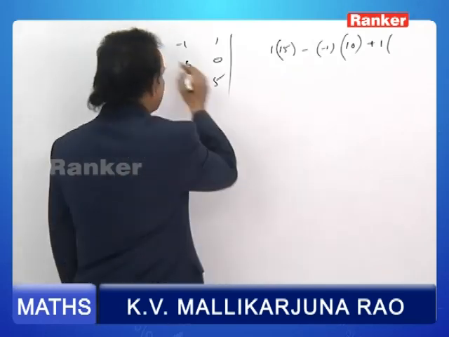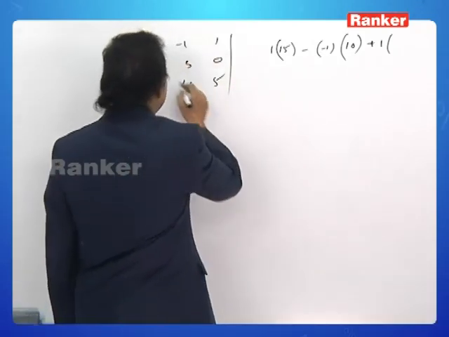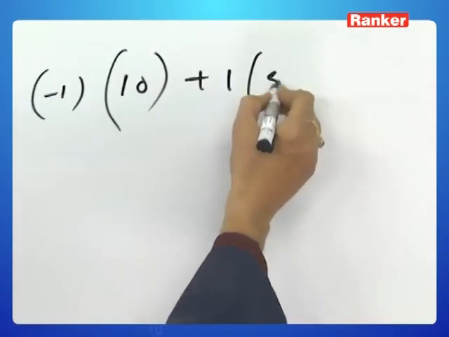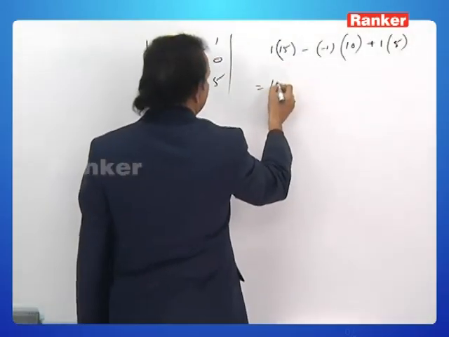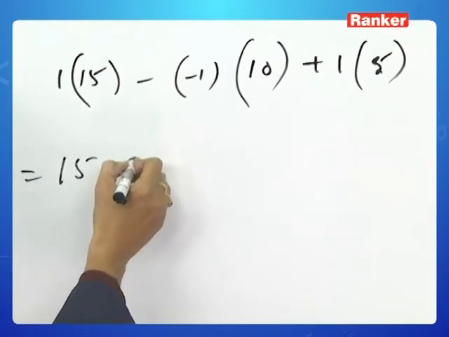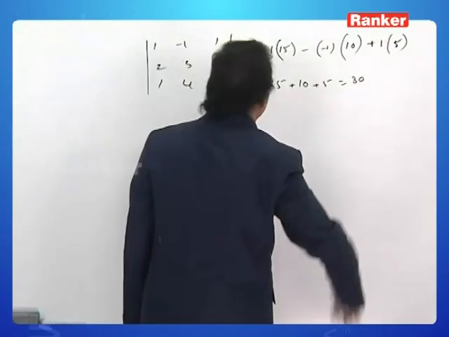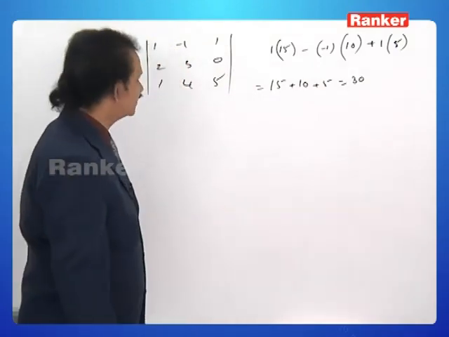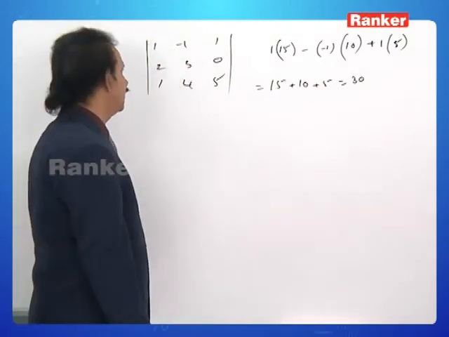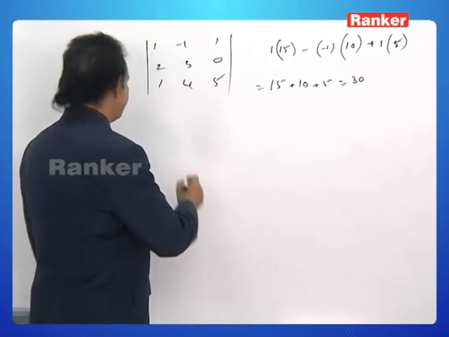You delete the first row and third column: 8 minus 3 is 5. So it is 15 plus 10 plus 5, which is 30. So its determinant is 30. As an example, we have done that.